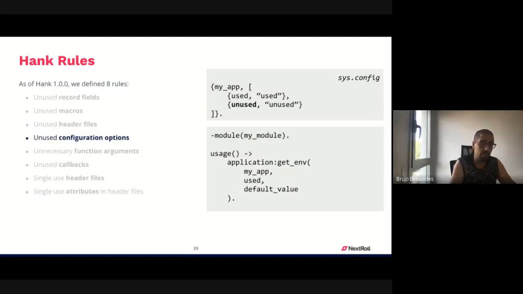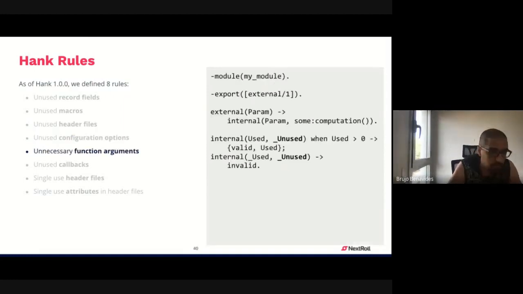So Hank uses a heuristic where it looks for the atoms in the code. If you're using a configuration option and it is an atom, and that atom is not used anywhere in your application, it will tell you about it. It can detect unnecessary function arguments, as I showed you before.